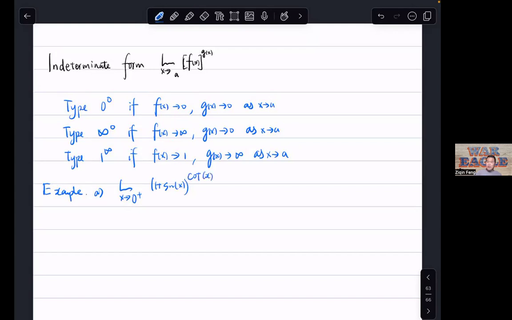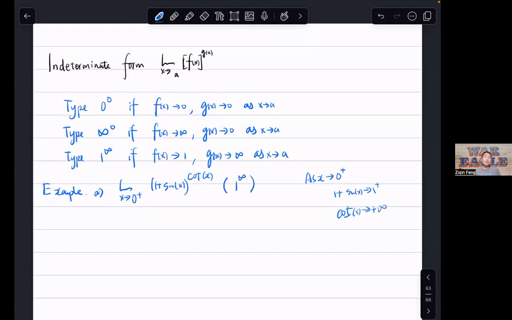Now you can see that as x goes to 0 on the right side, 1 plus sine of x goes to 1 on the right side, and the cotangent of x goes to infinity, by the definition of cotangent, cosine over sine, which is 1 over 0 plus. So this is 1 to infinity for sure.